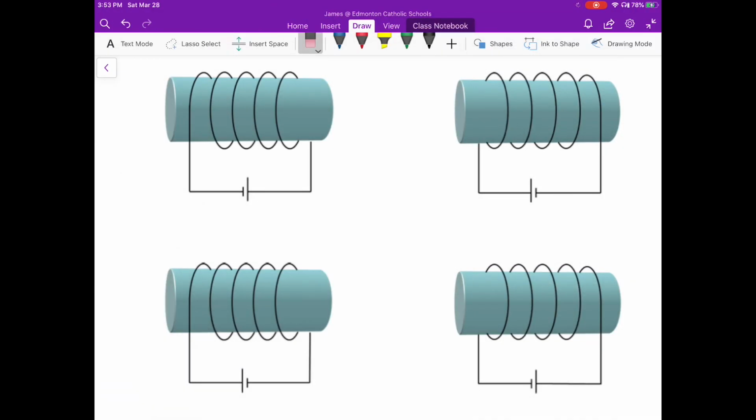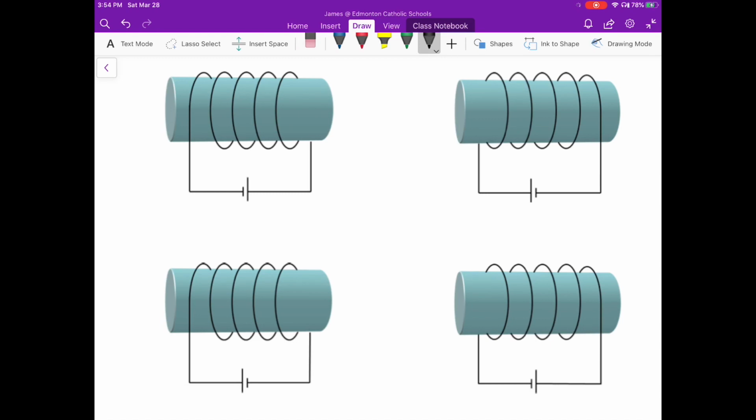Okay, so now I've got some examples of current carrying conductors wrapped around an iron core here. It doesn't have to be iron, but just a tube, wrapped into a coil. And we'll practice using the second left-hand rule to figure out the direction of the magnetic field in and around the coil. So what we do is we first take a look at our battery here.